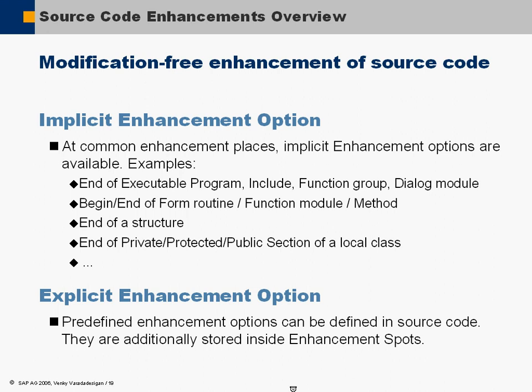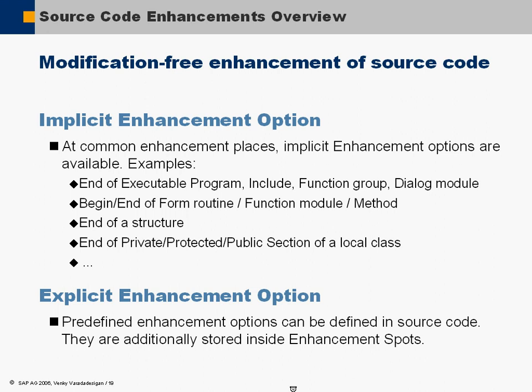And similarly, wherever there is a structure definition, BEGIN OF, END OF, at the end of the structure, the customer can implement and add their own fields to the structure. Similarly, for local classes, at the end of each section: private, protected, and public. So these are called implicit enhancement options.